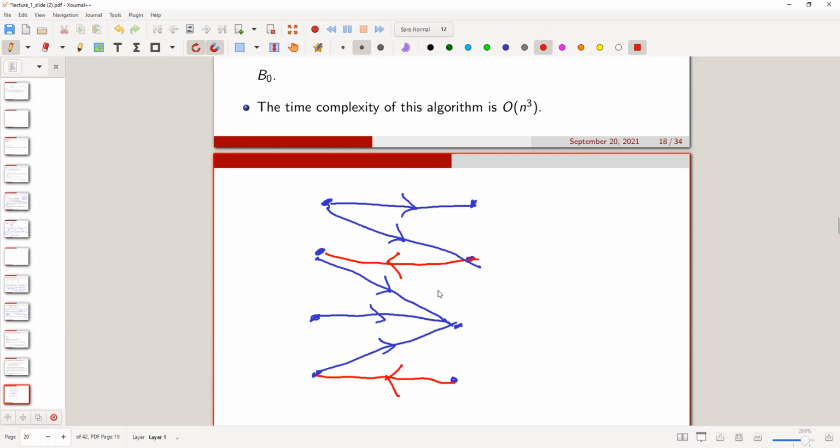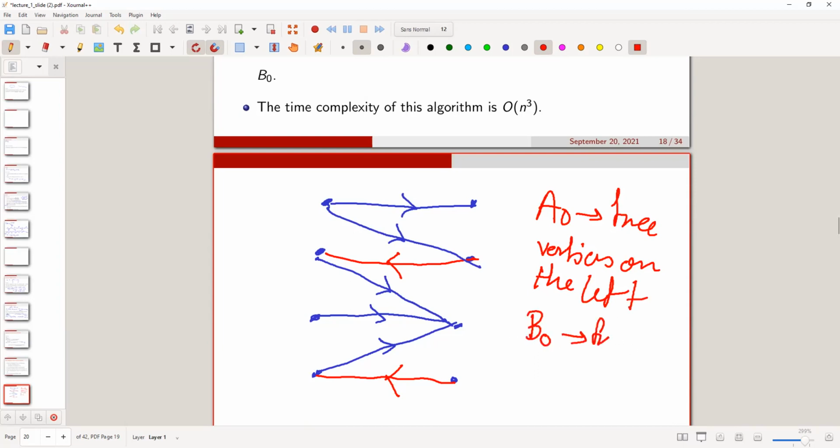Now suppose this A0 is the free vertices on the left hand side, and B0 the free vertices on the right. Now we use a search algorithm from each of the free vertices on the left, and we see if we can reach some vertex on the right which is also free.